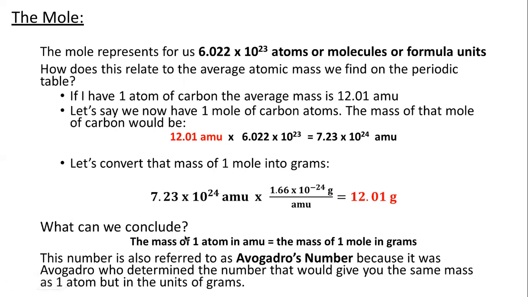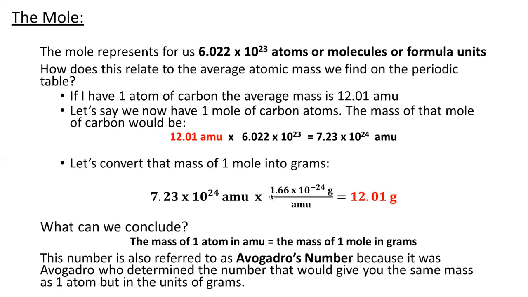The mass of 1 atom in atomic mass units is the same as 1 mole in grams. This number is also referred to as Avogadro's number, because it was Avogadro who determined the number that would give you the same mass as 1 atom, but in the units of grams.